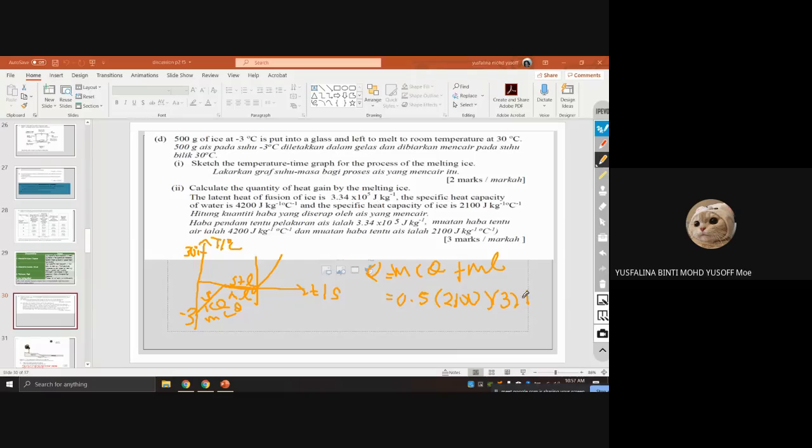Plus m, the mass again, 0.5, and then L is the latent heat of fusion, 3.34 times 10 to the power of 5. So you just multiply.